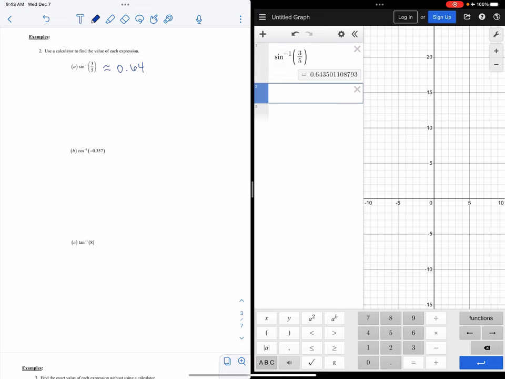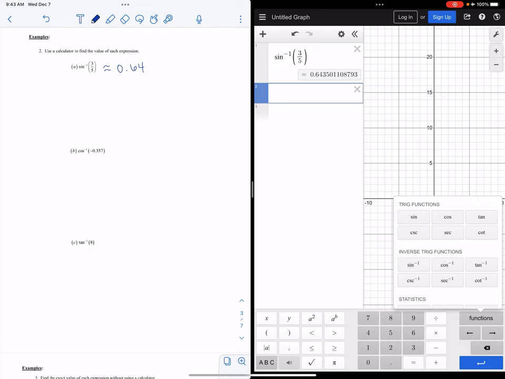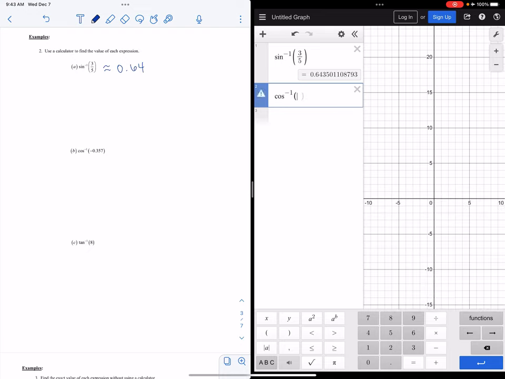The next one says cosine inverse of negative 0.357. Same thing, we're going to tap that cosine inverse function. We'll have negative 0.357, which gives us about 1.94.